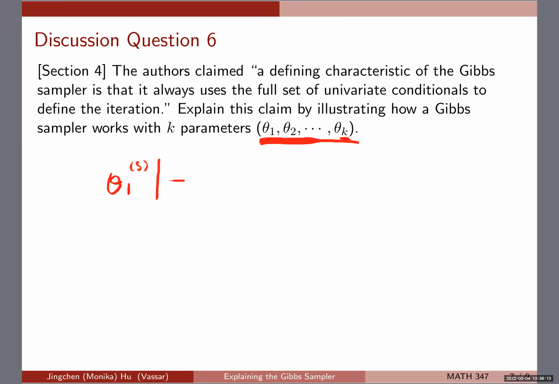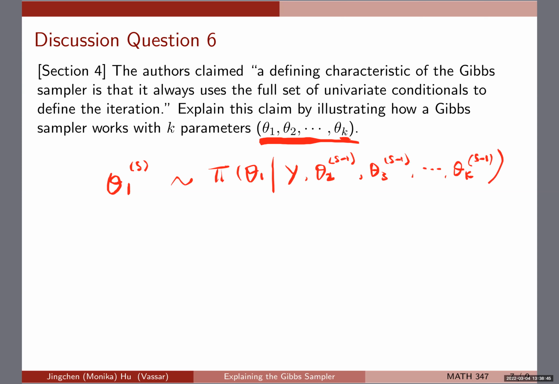Well, we have the full conditional, so you can generate this from the full conditional posterior distribution for theta 1, given, let's just use y to represent the entire data set, and then, of course, your theta 2 from the previous iteration, theta 3 from your previous iteration, up to theta K from your previous iteration.